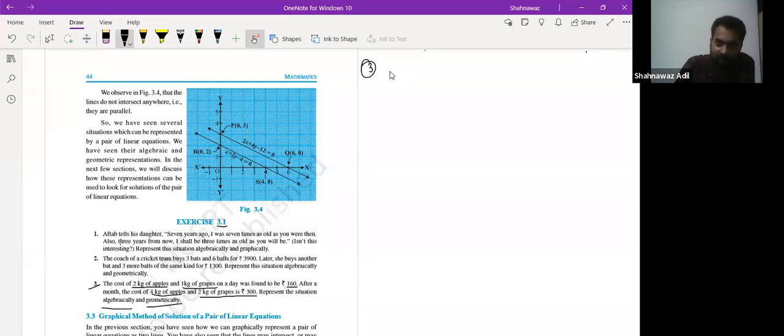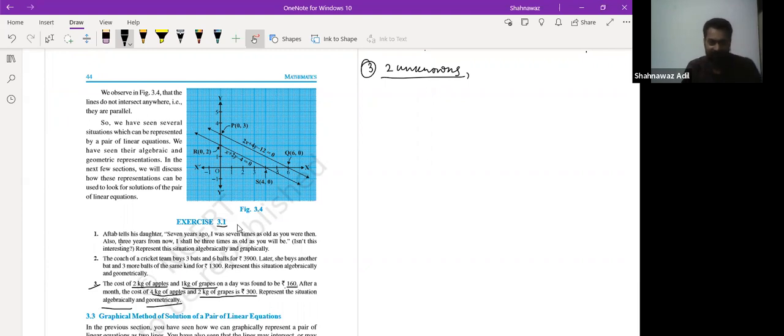So again, the same question that I repeat many times. What will be the unknowns? Adil, 2 kg of apples. Not 2 kg. Again, I have to send you to the market, right? When you go to the market, you ask the price of 1 kg of apples, right?